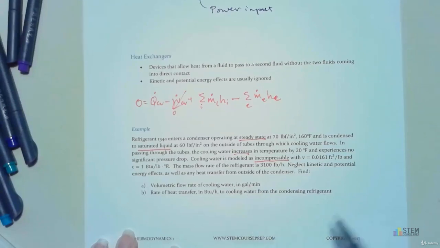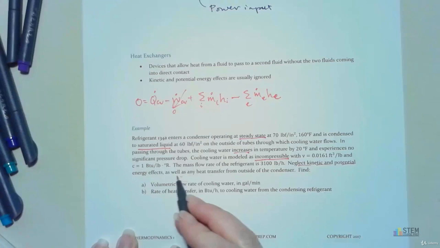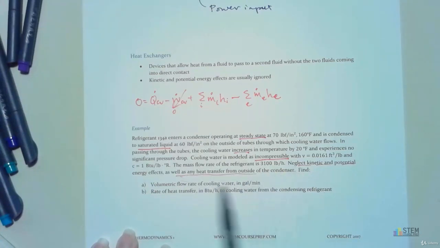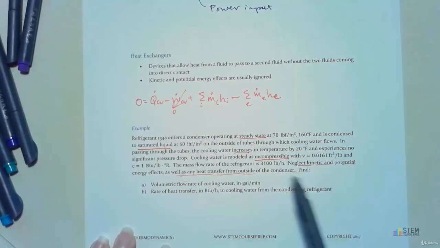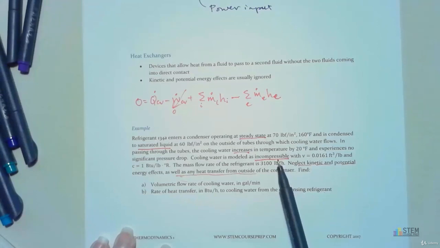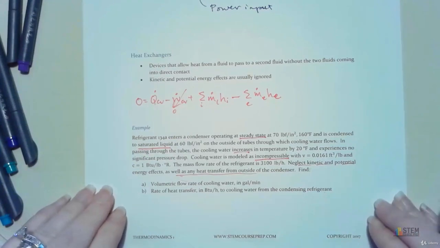And then we're going to neglect kinetic and potential terms as well as heat transfer from outside. All right, so those are going to be our main things we need to pay attention to in addition to all these values that were given. Okay, and remember, incompressible, you remember what that means? It means density does not change. All right, so density will be constant throughout here. Now let's look at the picture.